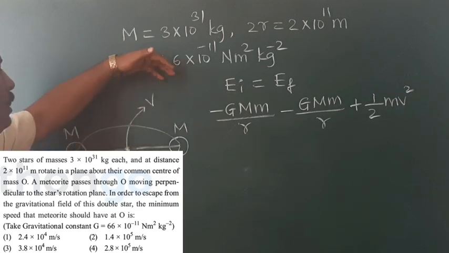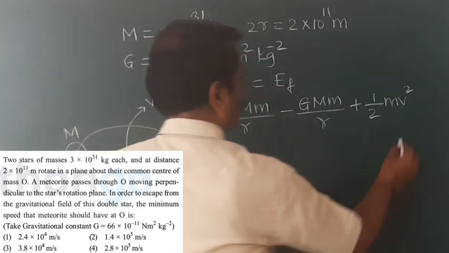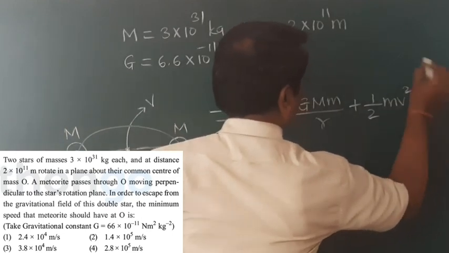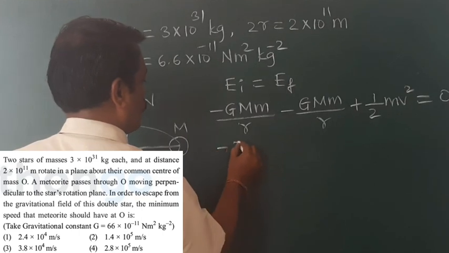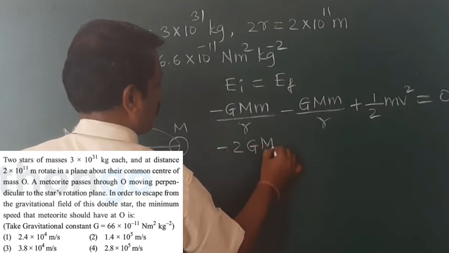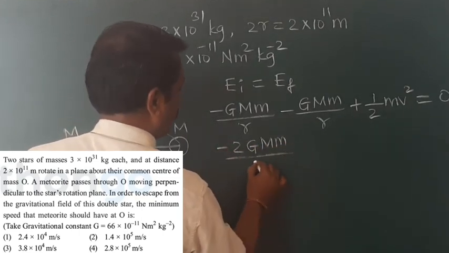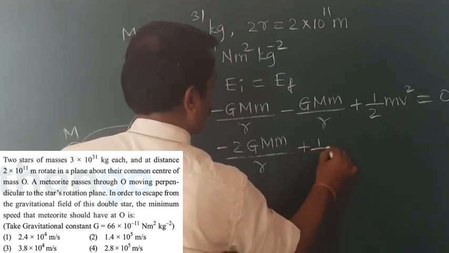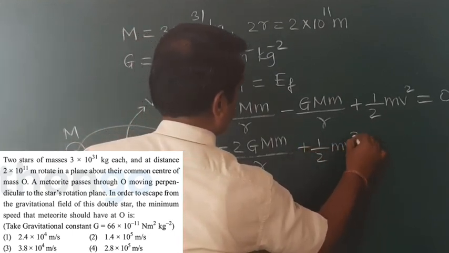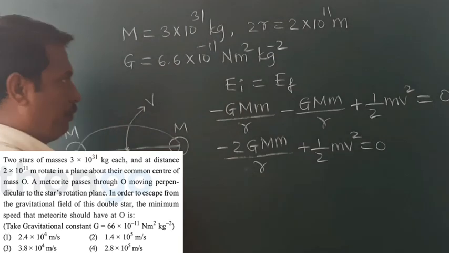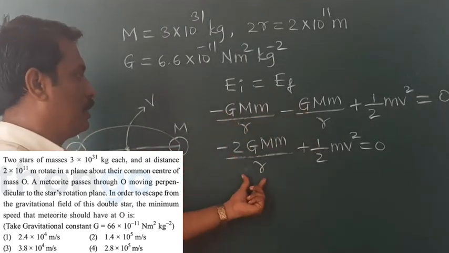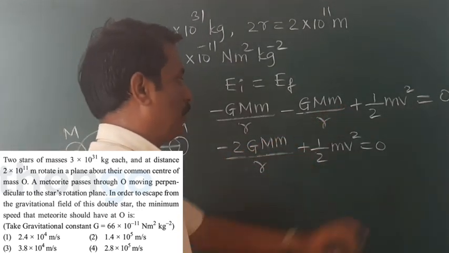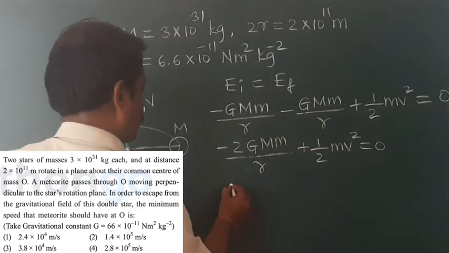But when the meteorite escapes this system, its energy becomes 0. Therefore, the final energy is 0. So minus 2GMm/R plus (1/2)mv² is equal to 0.